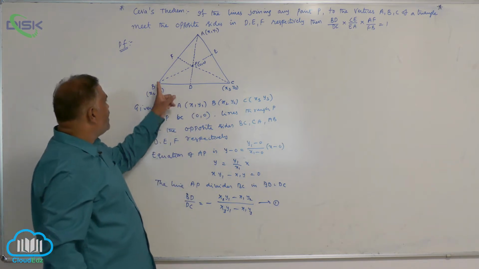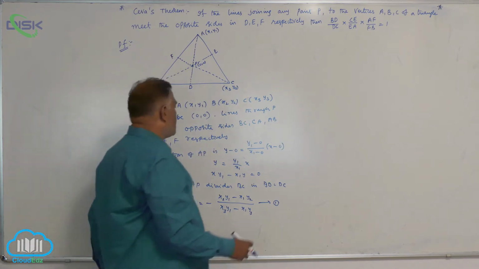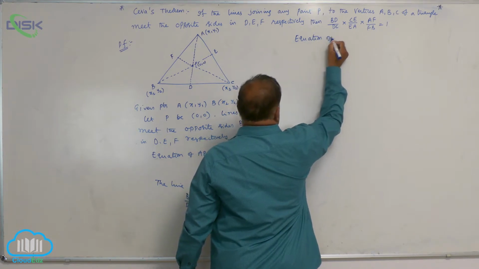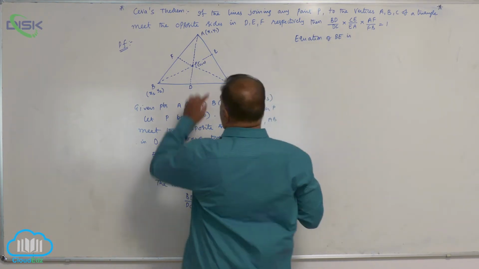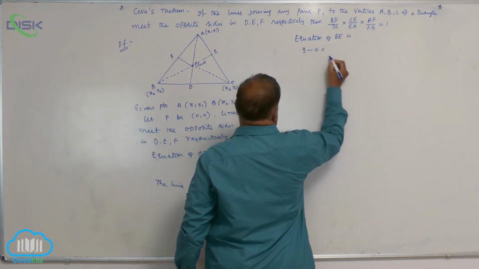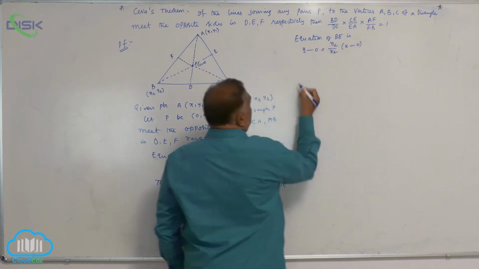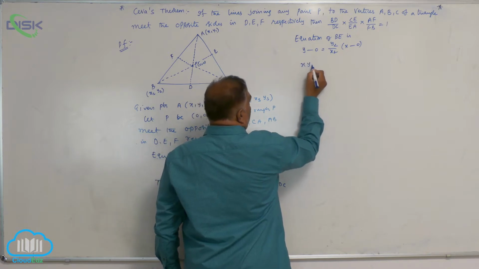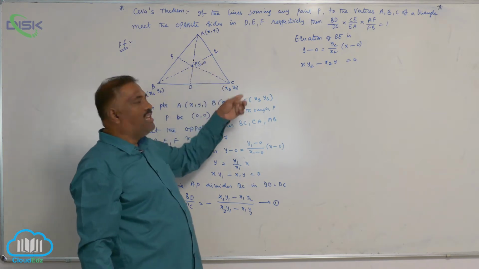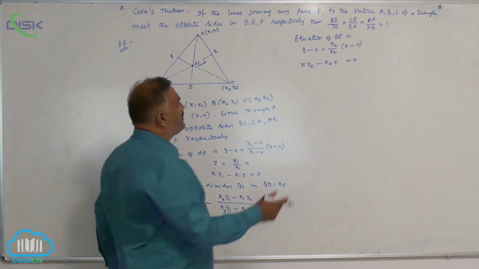In the same fashion, you can find the equations of BE and CF also. We will do that also. Equation of BE is given by, (0, 0) is there, (x2, y2) is there. y minus 0 is equal to y2 by x2 into x minus 0. It is x y2 minus x2 y is equal to 0. And this line divides CA in the ratio CE is to EA.